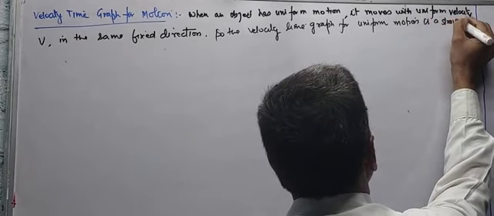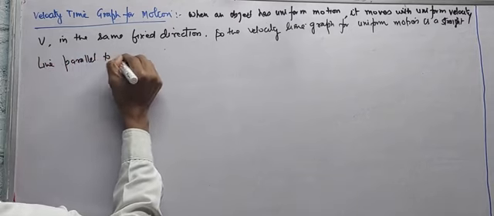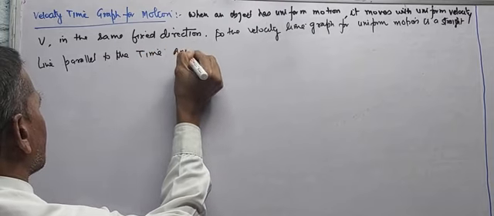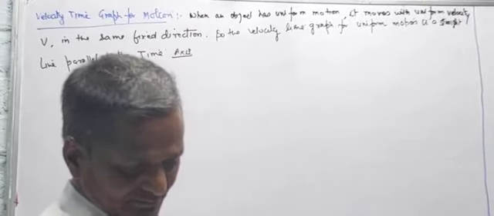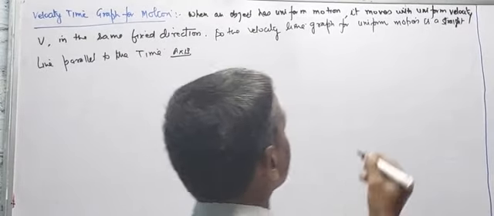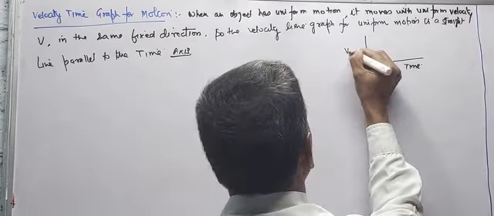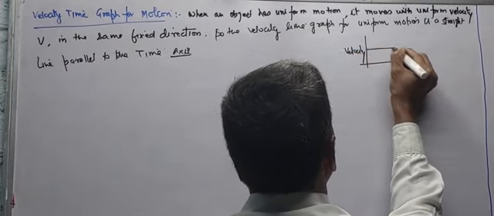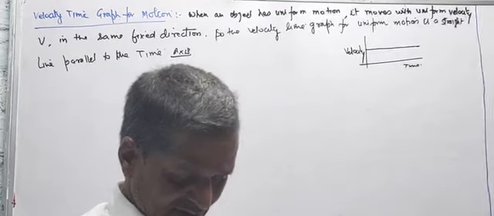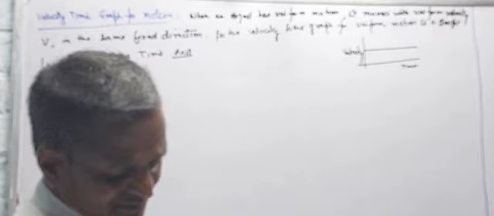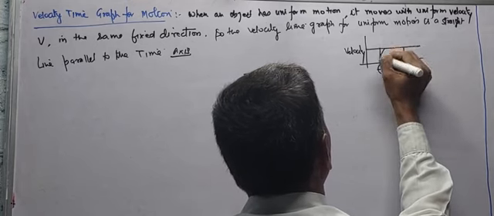On the x-axis is time, and on the y-axis is velocity with uniform motion. It becomes parallel to the x-axis.